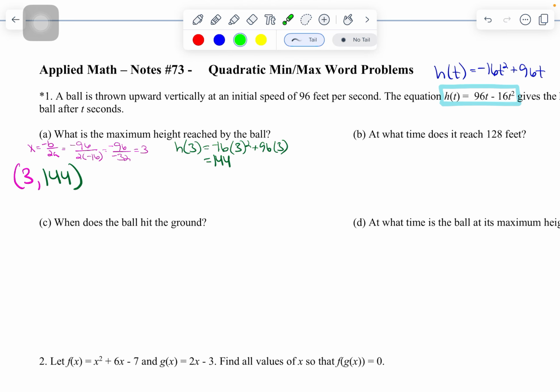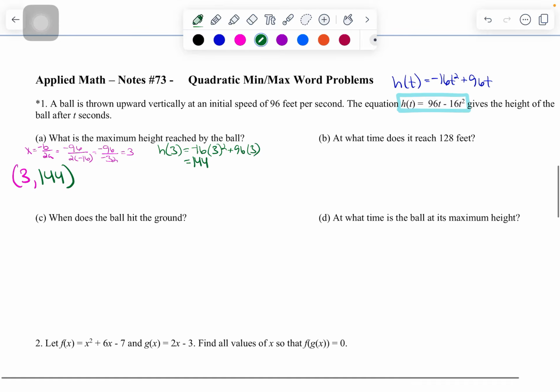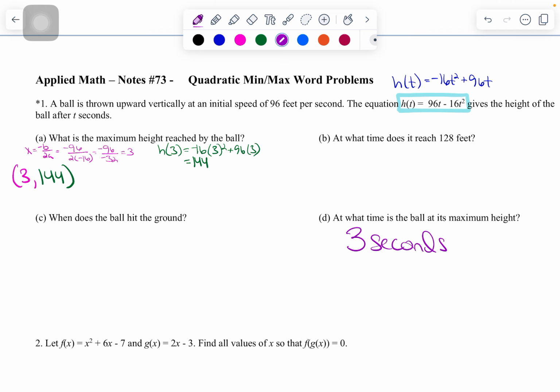So if you think about the notation here, h of t, t is what we're putting into the function. Think about that as your input, and that is going to be your time. So at what time is the ball at its maximum height? This is going to be 3, everything is in seconds. So 3 seconds.